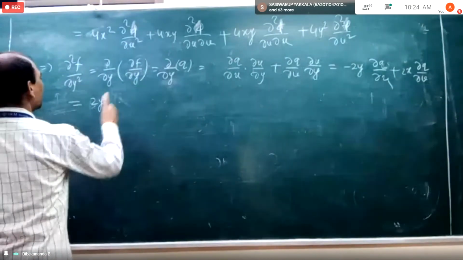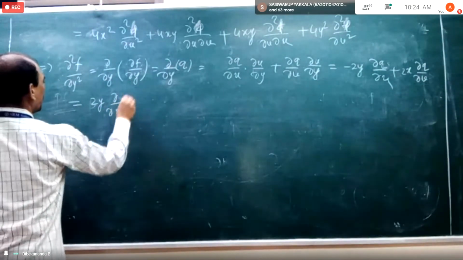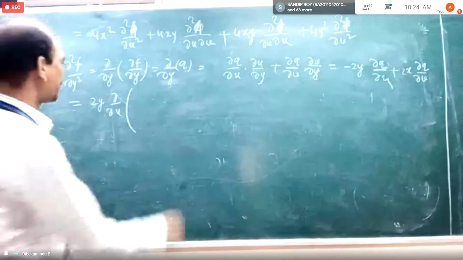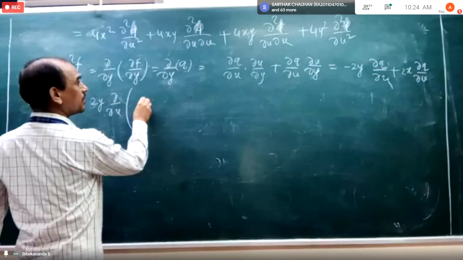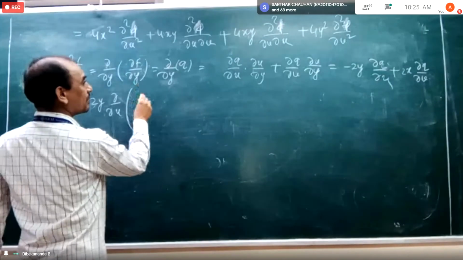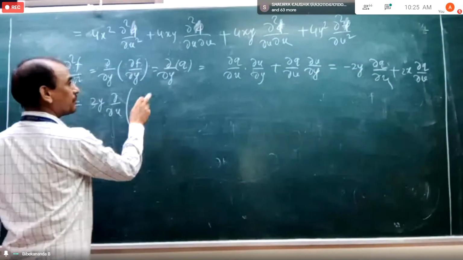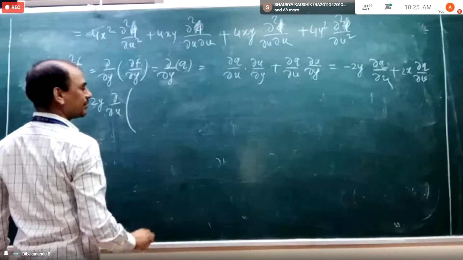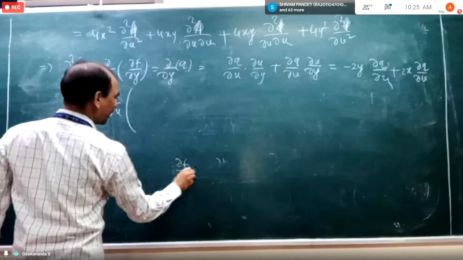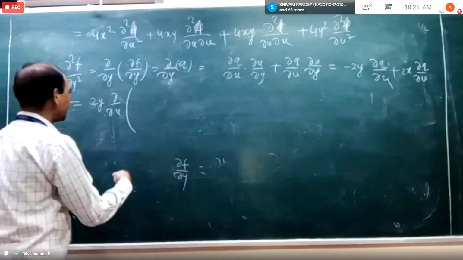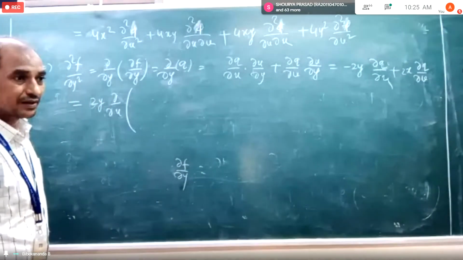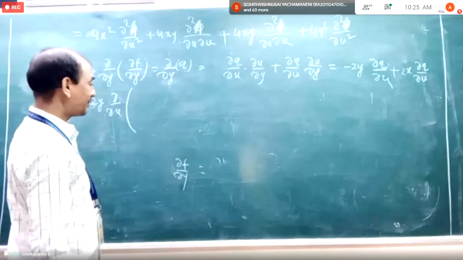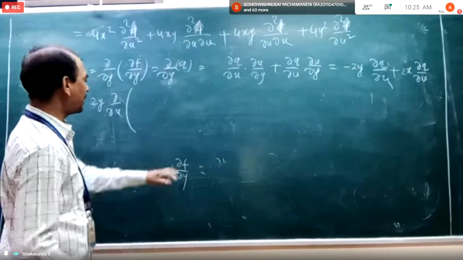We can say ∂/∂u into what is the value of q? ∂phi/∂u. You check properly. What is ∂f/∂y? You tell me. Minus 2y. Huh? Minus 2y.